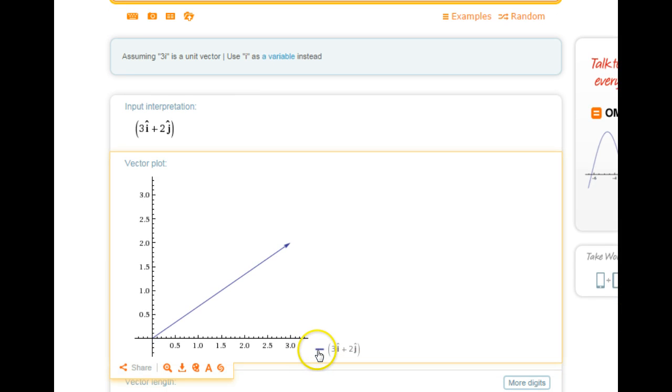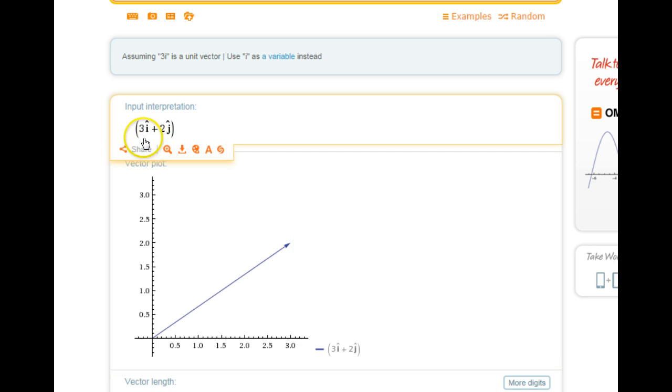So this little line in front here just is an indicator that this color is this vector, because I'll show you examples later on where we'll have more than one vector on there, and they just want to make sure you see which one it is.